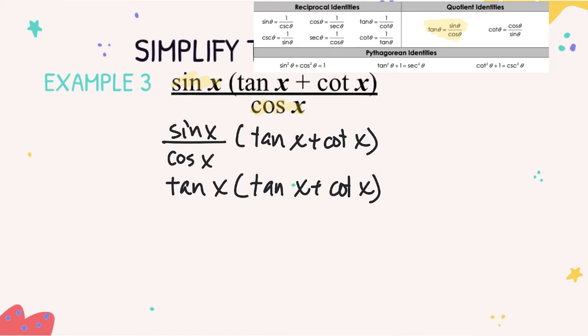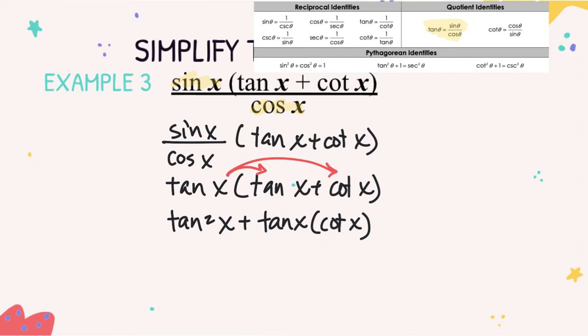Now I also know that at this point, my order of operations is going to have me distribute that tangent. So this is going to become tangent squared x plus tangent x times cotangent x.